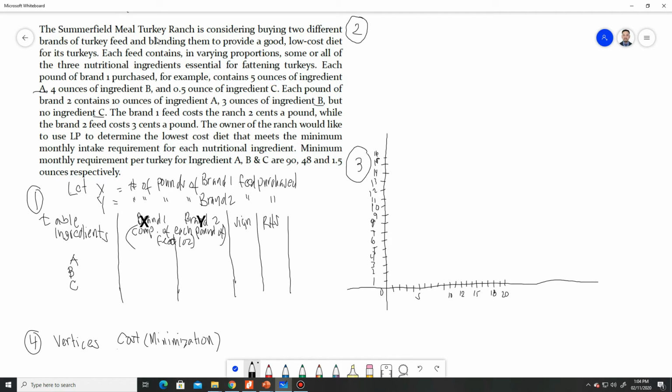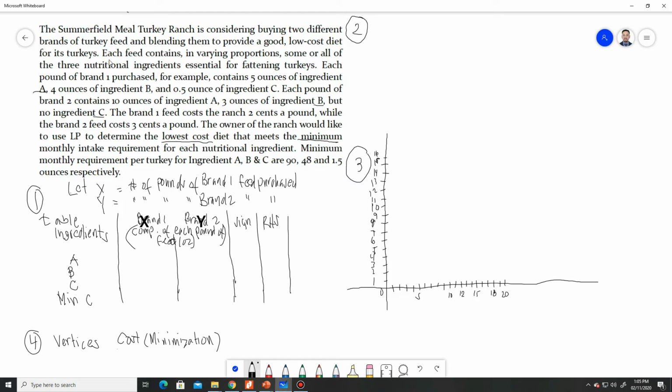If you read earlier, our objective is to find the minimum or the lowest cost. So let's fill this table up.